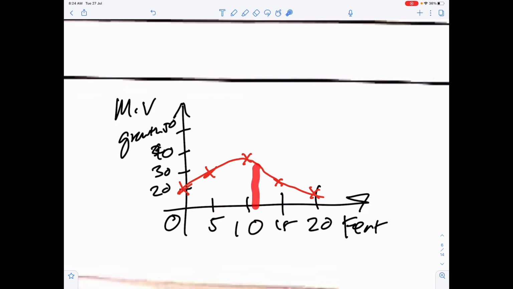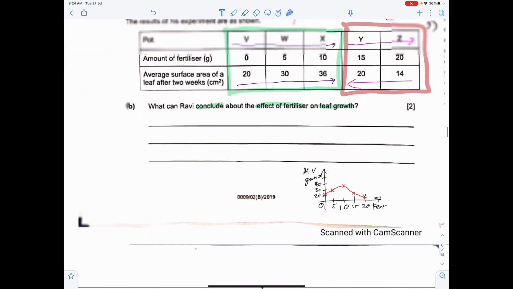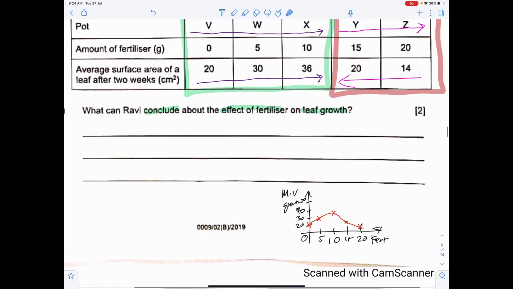Anything that is above 10, okay, growth rate starts to drop. So that's why it's more than 10 and not 15. So in exam, if you're given a table like that, you can just plot yourself a very simple graph and then that will clarify everything already. Okay, don't need to panic.